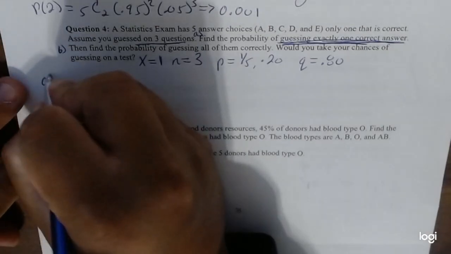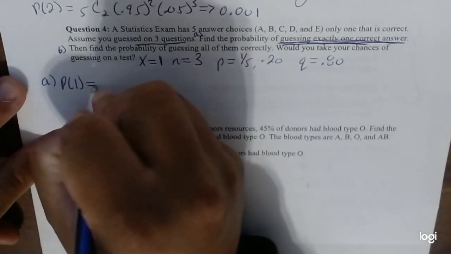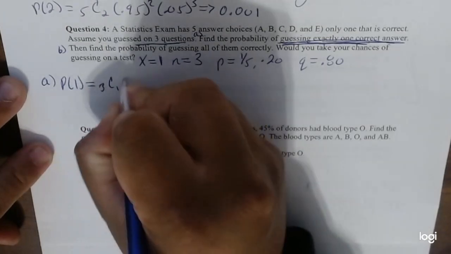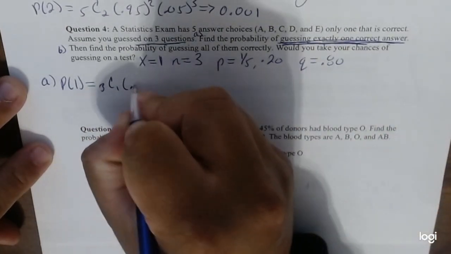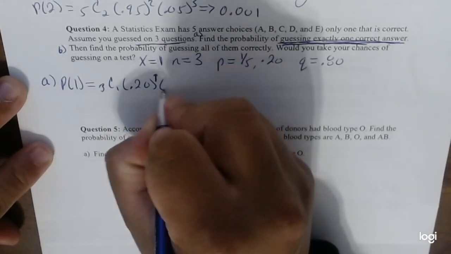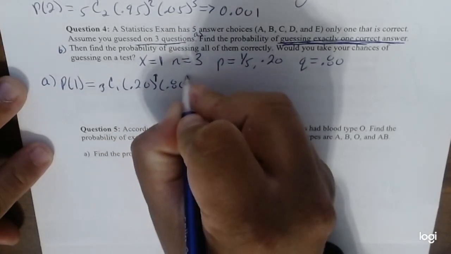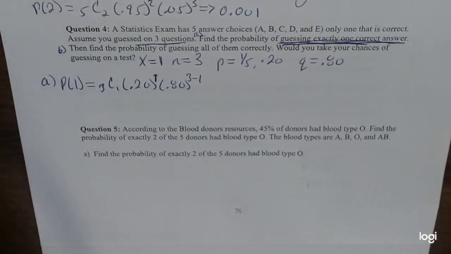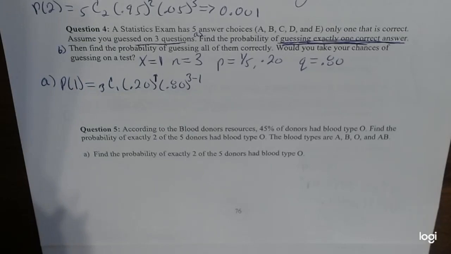So for part A, we want exactly 1. So x equaling 1. So this is 3 choose 1, 0.2 to the first power, and then 0.8 to the 3 minus 1 power. All right, so going back, this portion, 3 choose 1 should be 3.